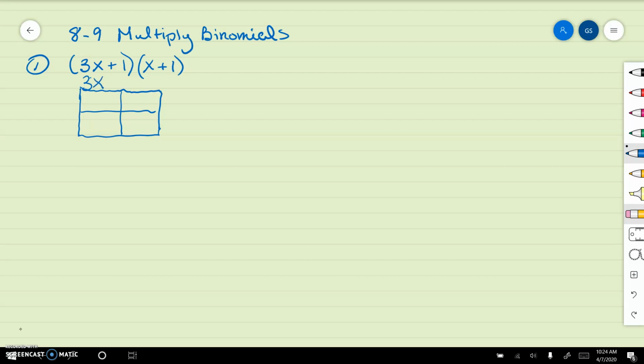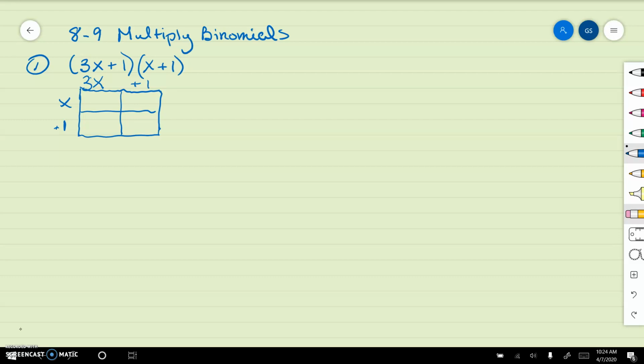So 3x and then a positive 1 are the two terms in the first binomial. They go on the top. On the side is x and then 1, or positive 1 if you want to call it that. I did it on the top, you might as well do it on the left too. Now 3x times x.